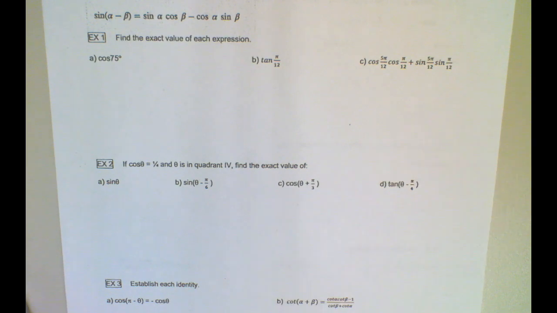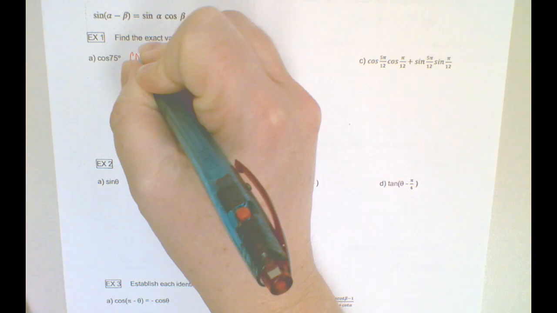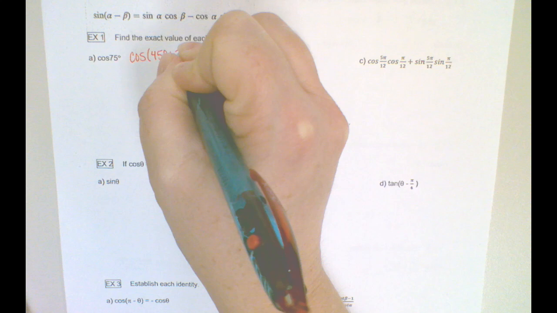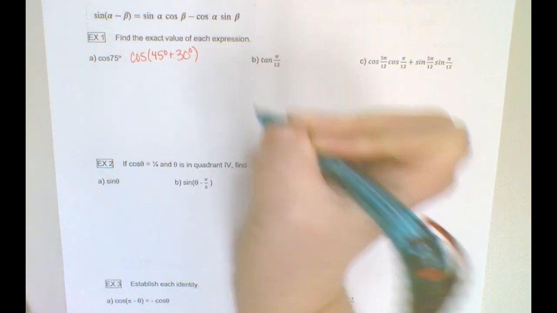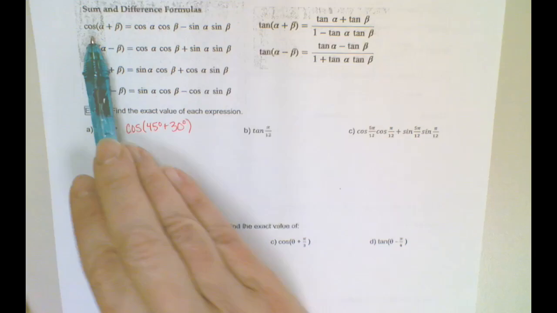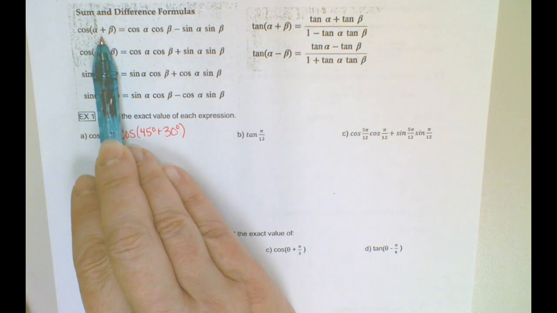When I looked at 75, the first thing I thought of was 45 degrees plus 30 degrees. I'm just rewriting 75 as a sum. I haven't changed the value at all. That means I can now use the cosine of a sum formula.